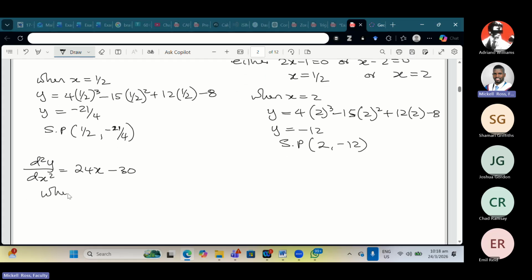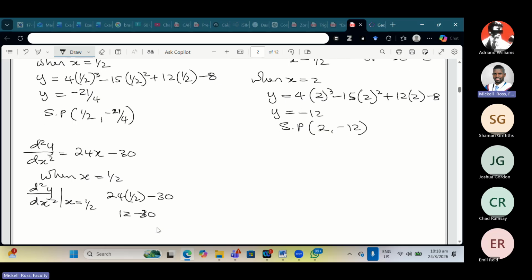So when x is equal to a half, the second derivative at x equal to a half is going to be 24 times a half minus 30. This is going to give us 12 minus 30. All right, so that's going to give us negative 18.